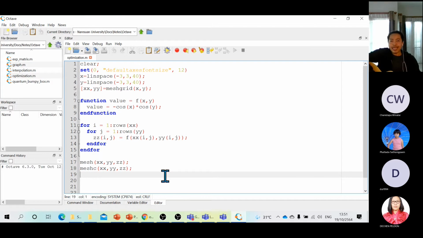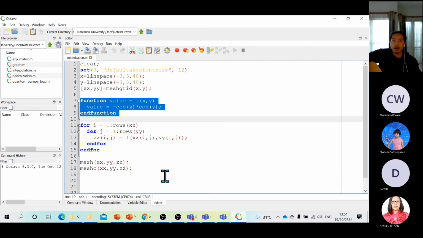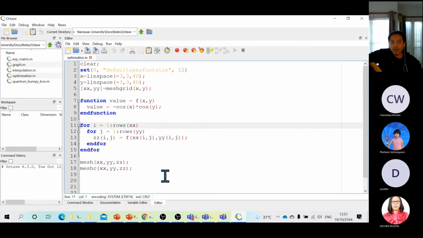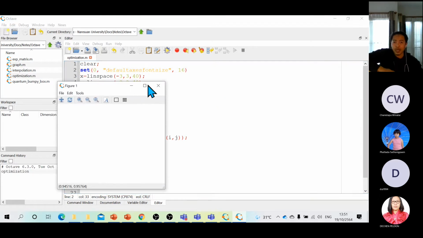You can capture the screen for this moment of the lecture, and then do your own programming. I can put the function that I want to plot in 2D right here, and then see what happens. Let me change the font size to 16 to make it bigger. I click run. I get that.